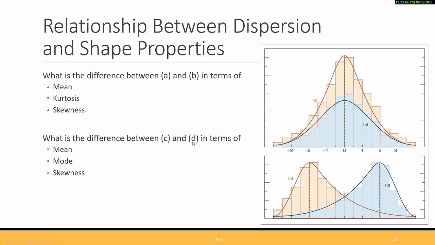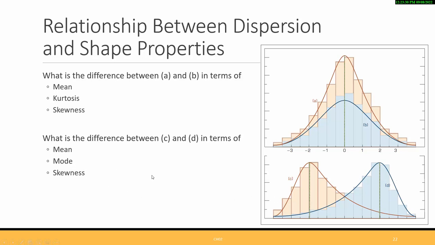What is the difference between C and D in terms of mean, mode, skewness? So let's examine these two. Now we can see that the mean for chart C is lying about here, which is at -2, and the mean for chart D is lying at +2. So these two have different means. Chart D, the mean is higher.